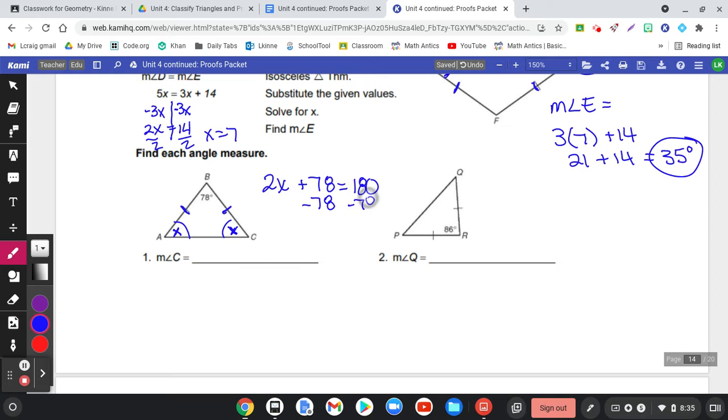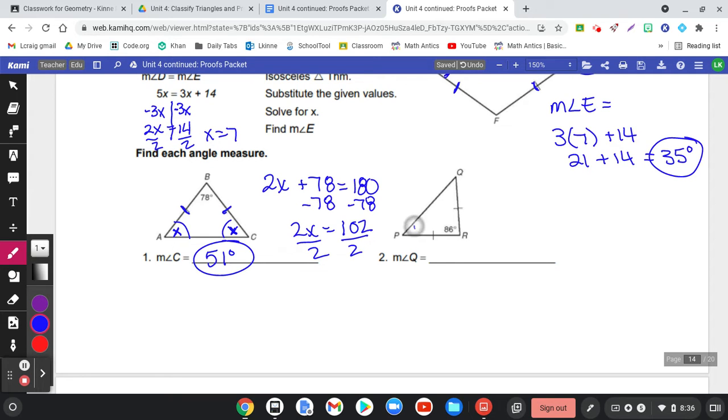Subtract the 78. And divide by 2. So the measure of angle C and A are both 51 degrees. Now, did you have to set up an equation? No. Some people just subtract the 78 and divide by 2, but it's exactly what we're doing in our equation.